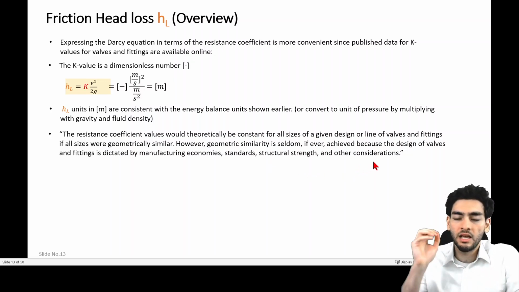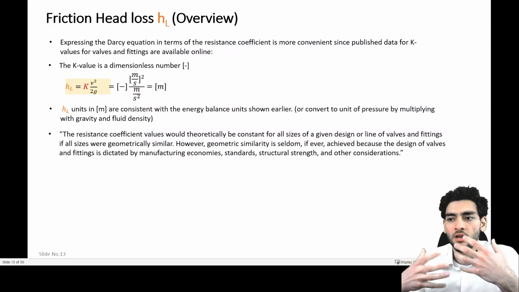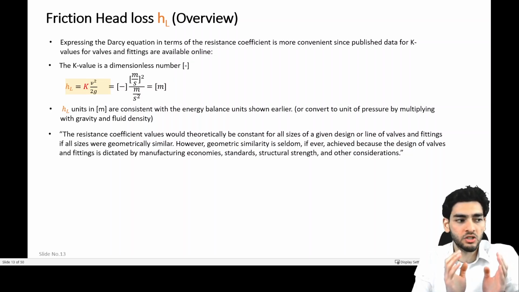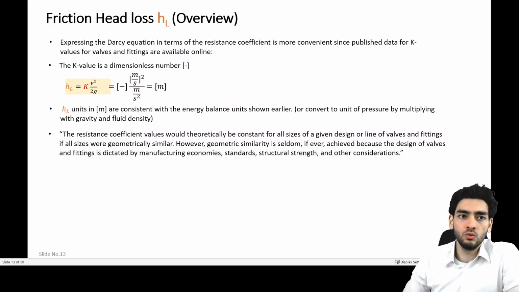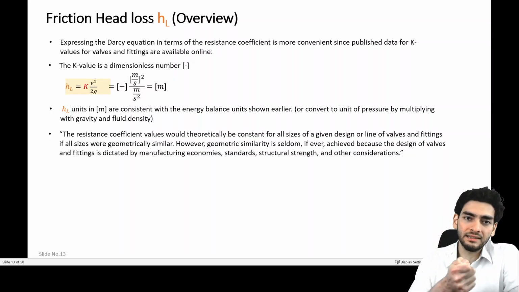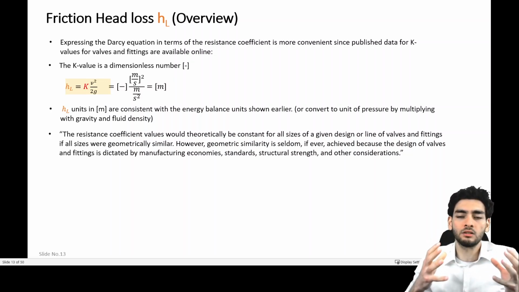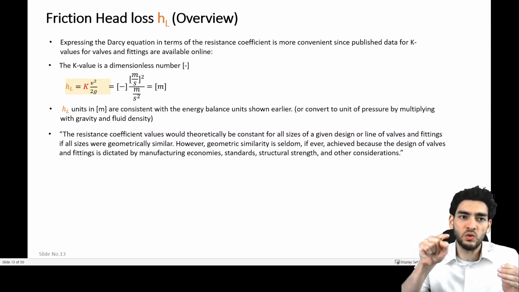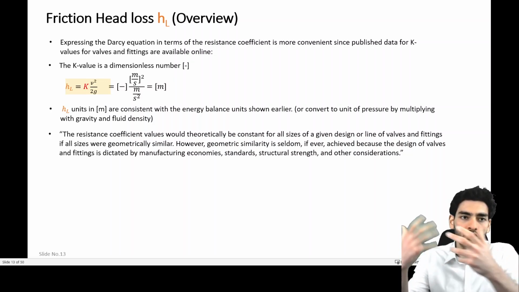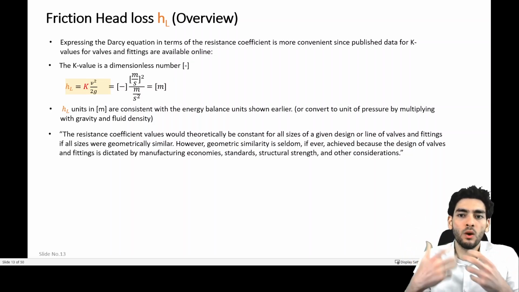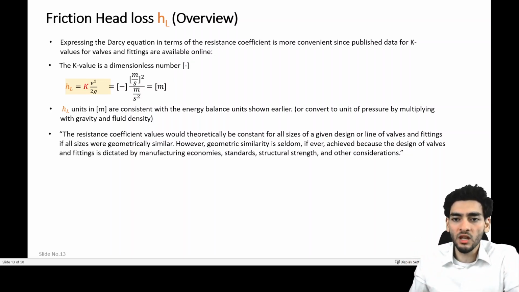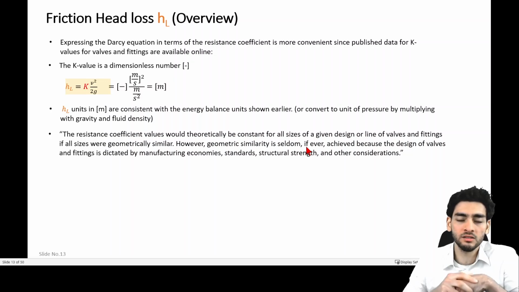In other words, if you have a particular valve component or fitting that you're installing in your piping configuration, the best thing that you should do is contact the supplier or even look at their catalog for the different fittings they have and see which fitting you want to use in your piping system and see what the resistance coefficient value of that would be in order to calculate your frictional head loss.